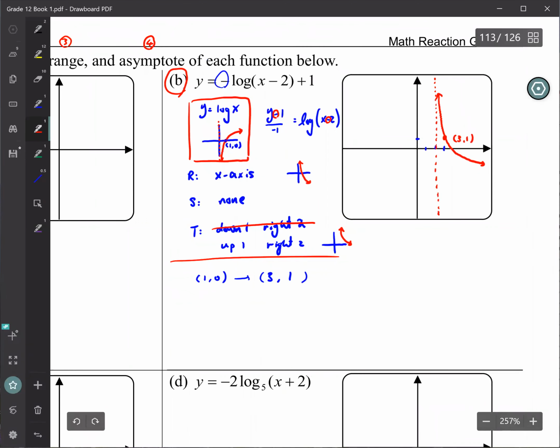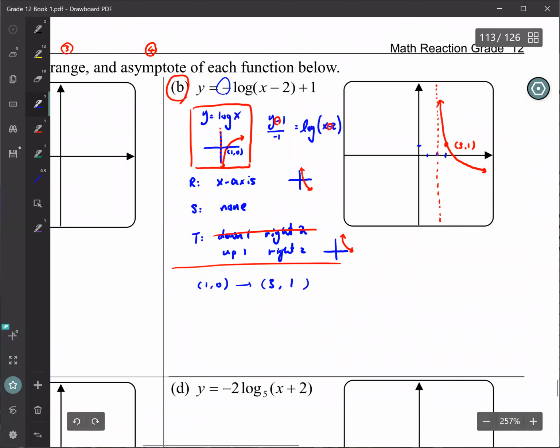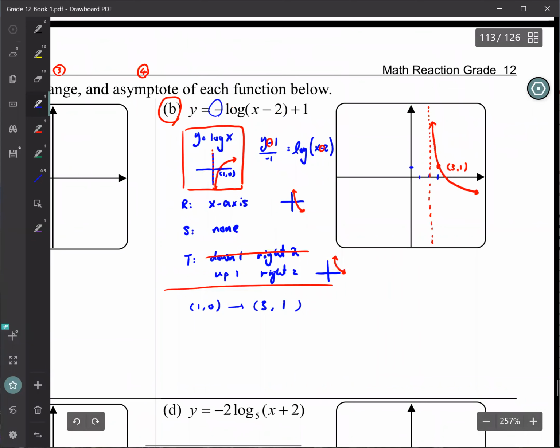So that's a graph. Now we can use that to answer our domain, range, and asymptotes. Okay, equation of asymptote.